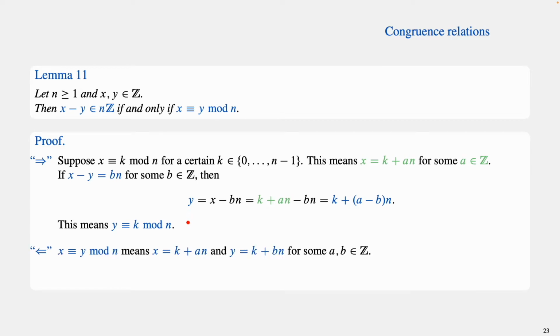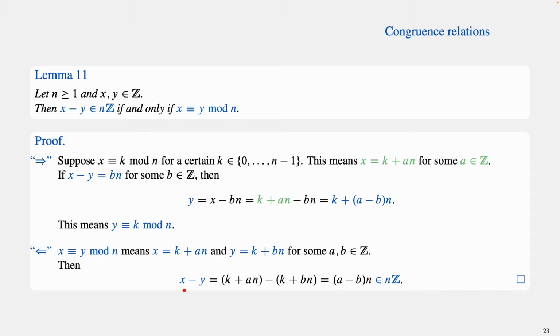We assume now that x is congruent to y mod n, and we want to prove that their difference is a multiple of n. So x congruent y mod n means that x is of the form k plus an and y is of the form k plus bn, so both have the same remainder k on division by n, and to that added some multiple of n.